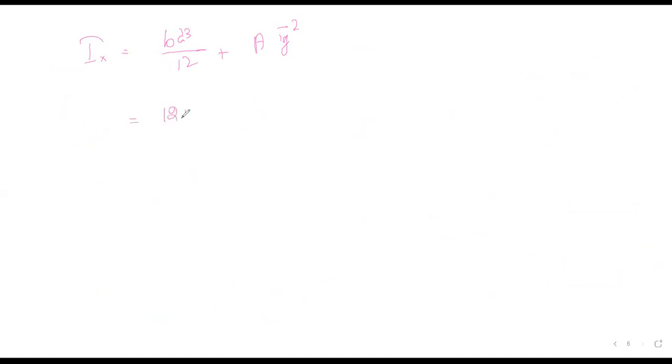So B into D cube divided by 12, plus A y bar square, that is 12 into 110 into y bar square.